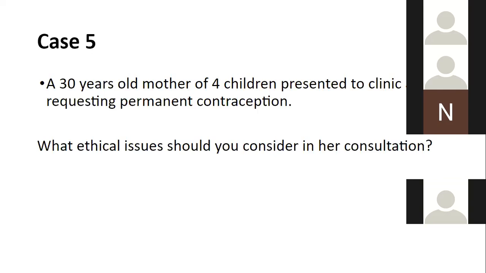So it takes a while for that occlusion to take place. So when tubal occlusion is done, until the tubes are occluded, you may need some other sort of contraceptive. And with tubal occlusion, it may increase the risk of ectopic pregnancies. That is something that needs to be kept in mind.